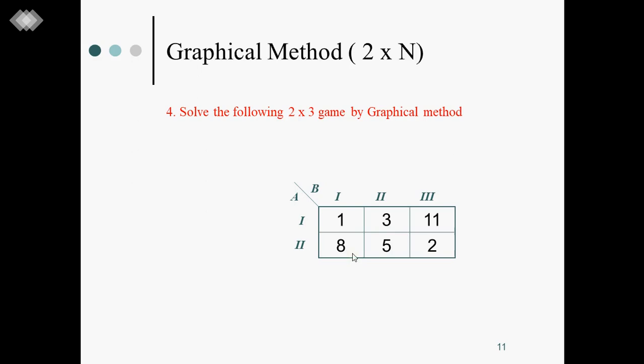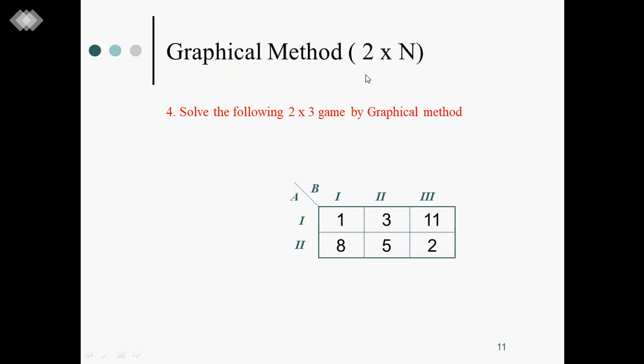In the dominance concept, we have to understand how to use row dominance, column dominance, and average dominance. Then the next concept in the list is the graphical method. You can employ the graphical method when the game is of 2 by n or m by 2 type. That is a limitation of the graphical method, of course.